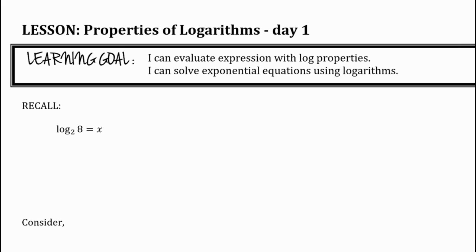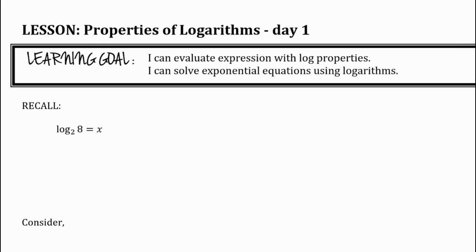And then we're going to use those properties and just understanding of logarithms to evaluate some more logarithmic expressions and get into solving some more complicated equations, which is what logarithms will eventually be very useful for, you'll see. Okay, so that's what we're doing in the first lesson here.